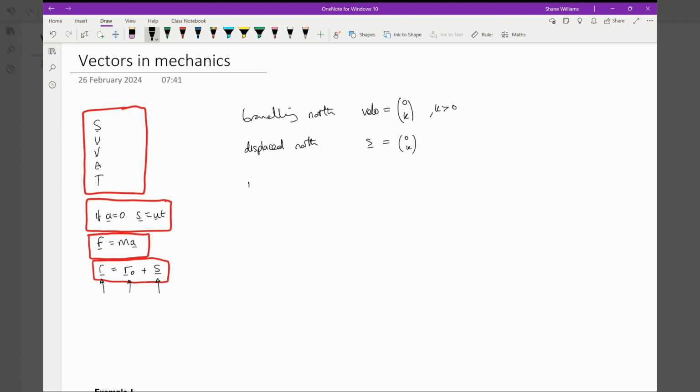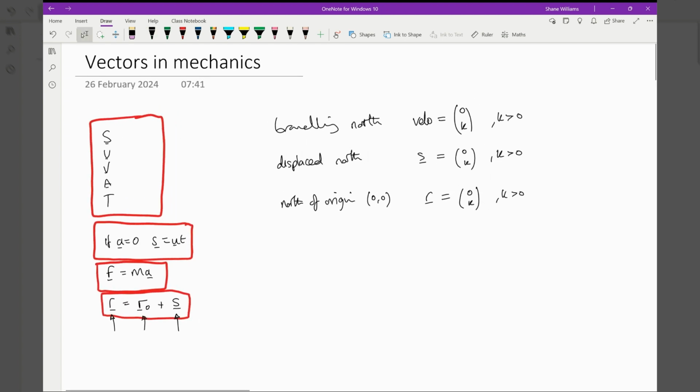And if it's north of the origin, or north of (0, 0), that means position is (0, k). And obviously, if you started at the origin, that would also mean your displacement was greater than 0. So these are the different key aspects, and it's worth practicing these things. Big thing to do in your revision, in your practice, try to draw diagrams.